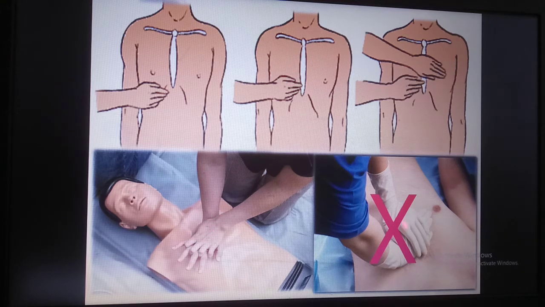It should not be like this, overlapping the hands without interlocking. There are chances the hands might slip, and you will not have effective chest compressions. So make sure you interlock your hands. The elbows should be straight all the time whenever you perform chest compressions.